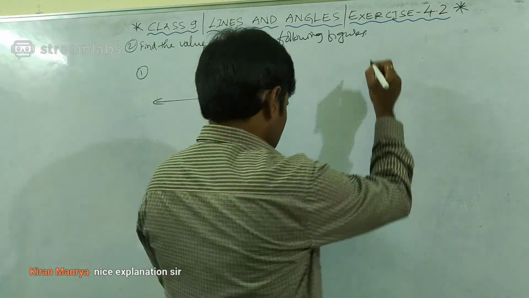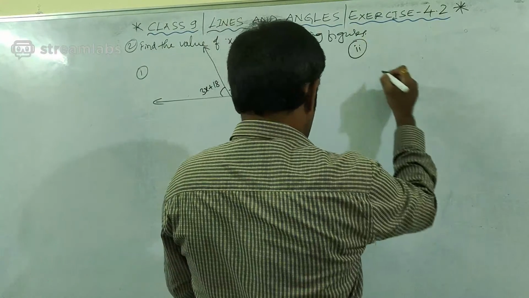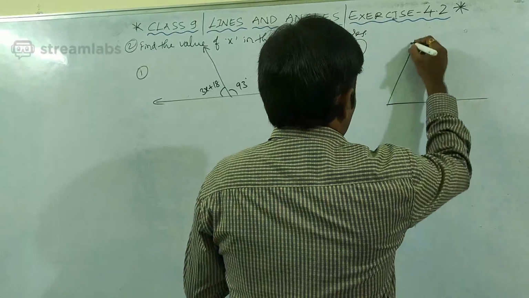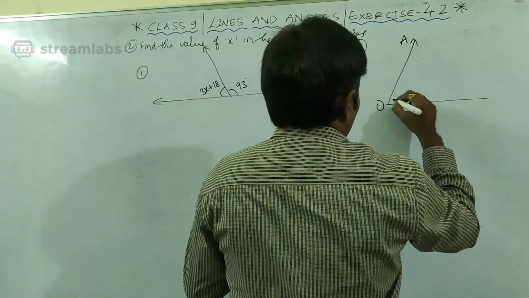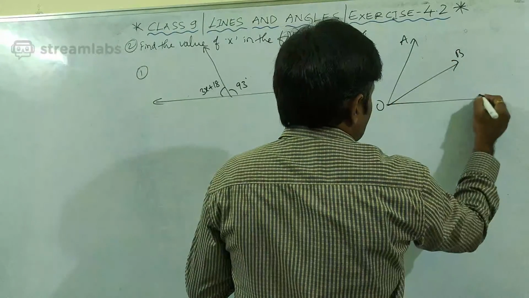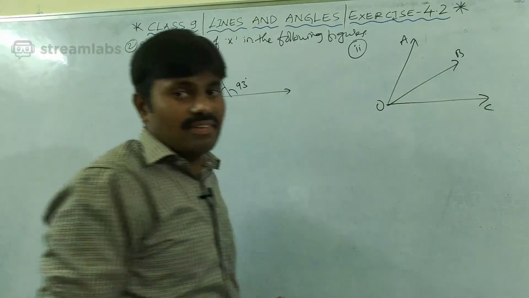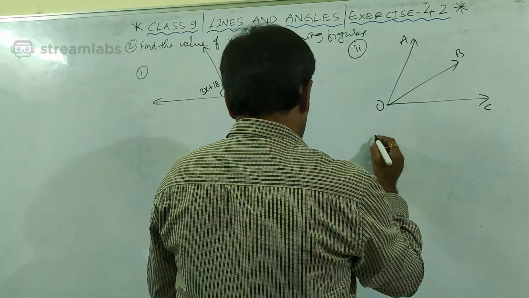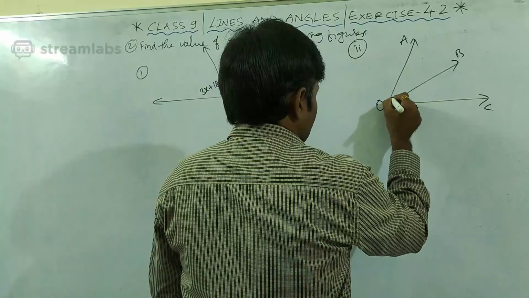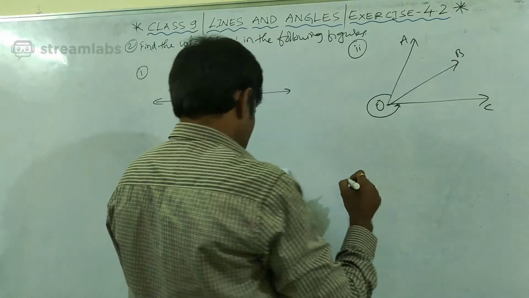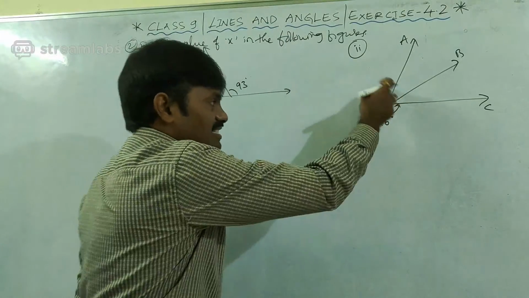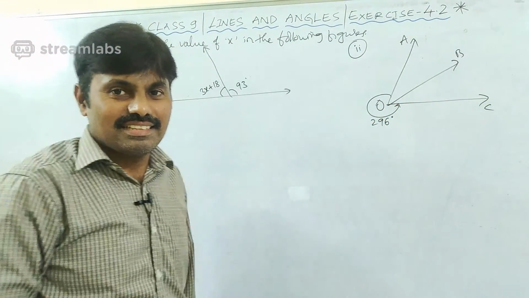And in the second figure, they are given like this. Here OA, OB, OC are three rays having the same vertex, that is O. Now here the angle 296 degrees is given. What do you call this angle, 296 degrees?